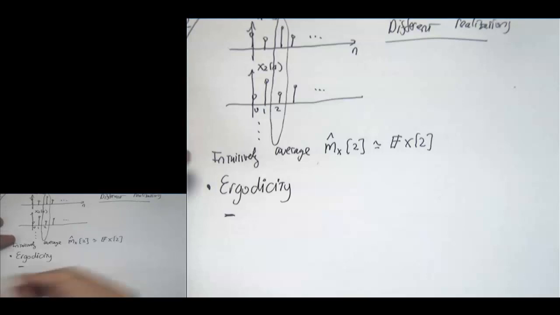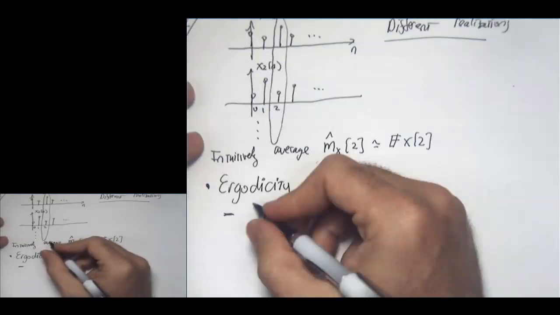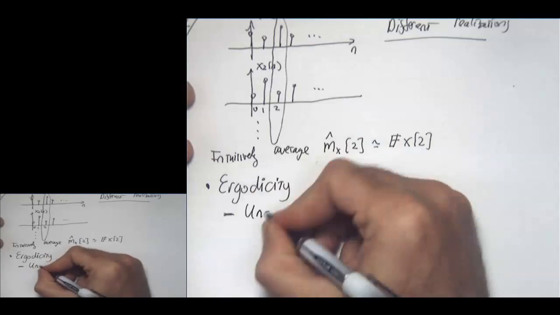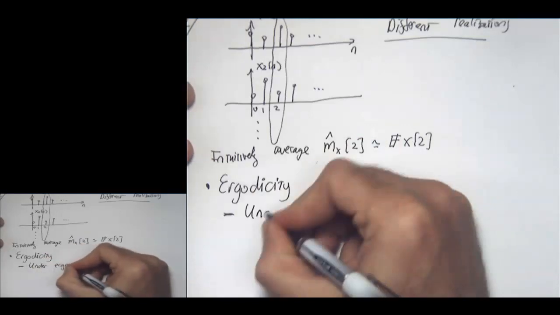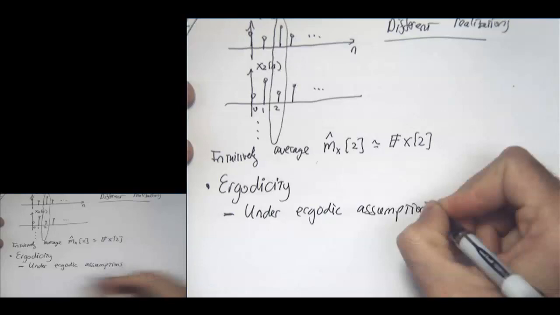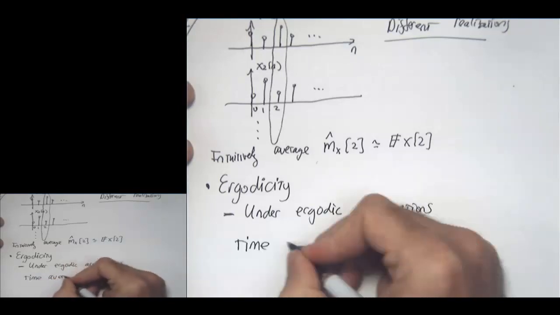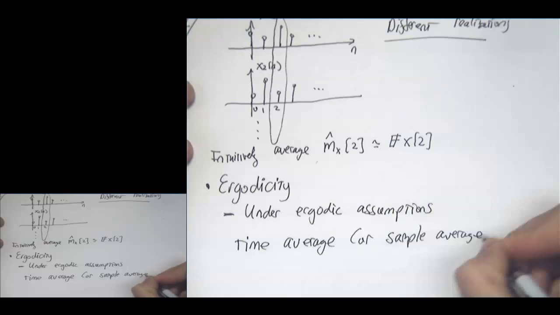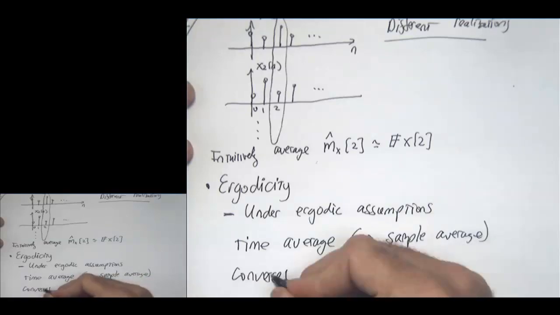Essentially, what it means is that if a random process is ergodic, then under ergodic assumptions, the time average or sample average converges to the expectation.